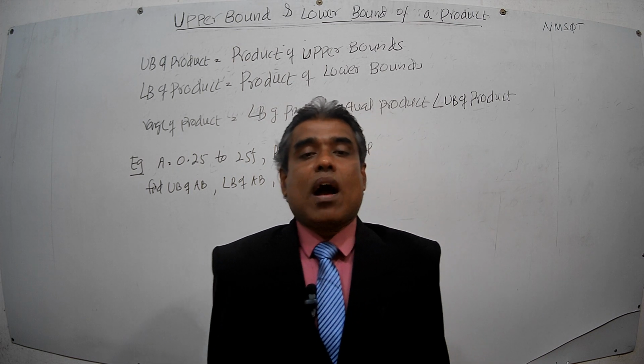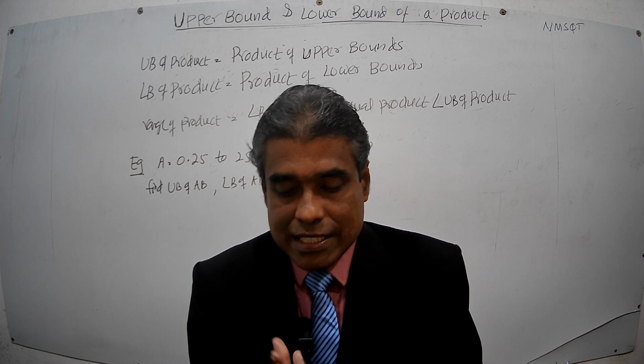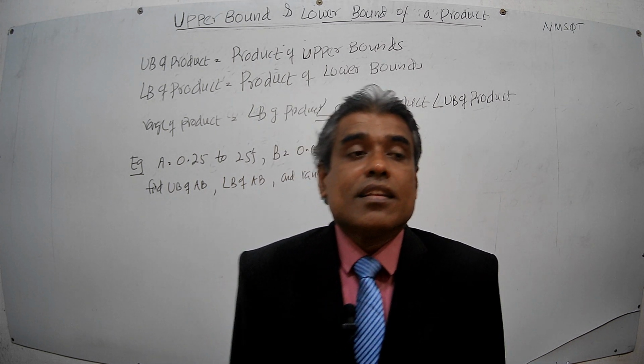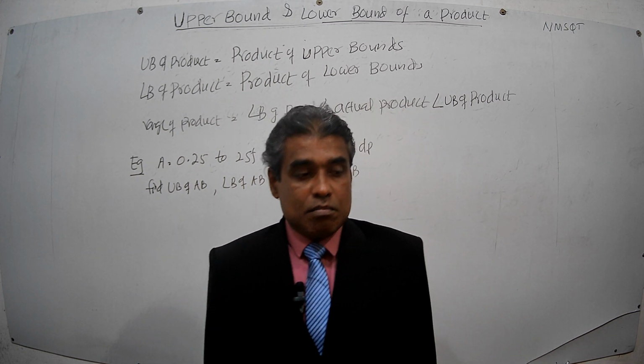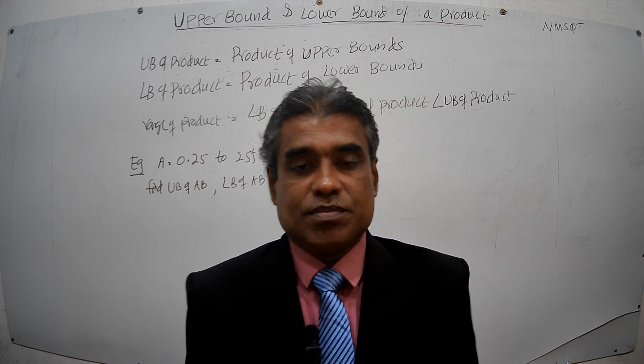Now, the upper bound of the product of two corrected values is equal to the product of the two upper bounds of the two corrected values.